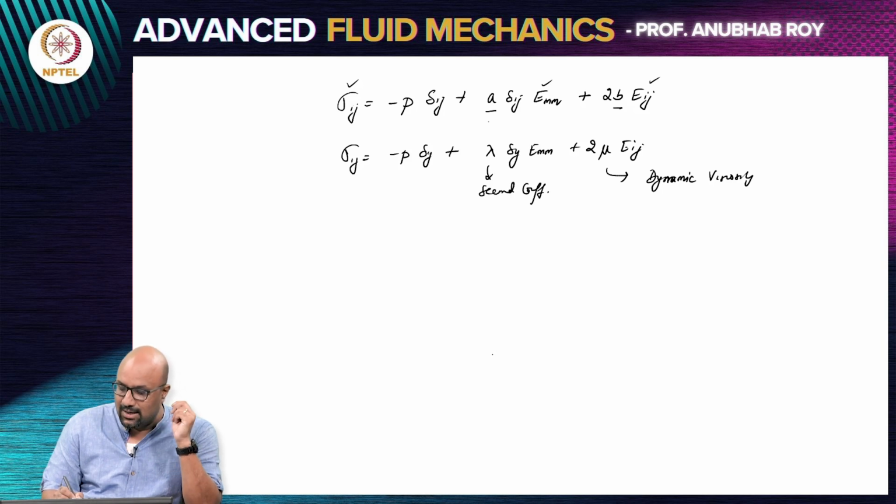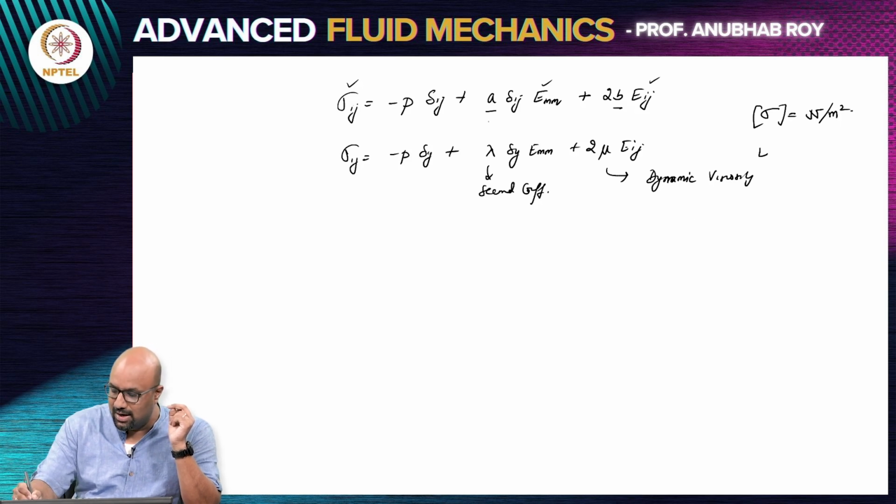As you can see, if you just want to first work out what would be the units, sigma has dimensions of Newton per meter square. That is the dimension for the stress. E, or the rate of strain tensor, has units of second inverse.